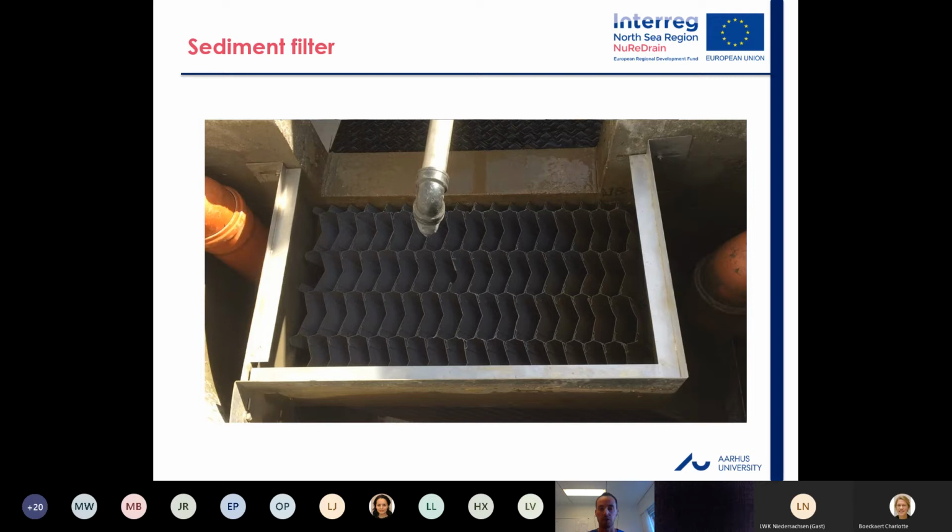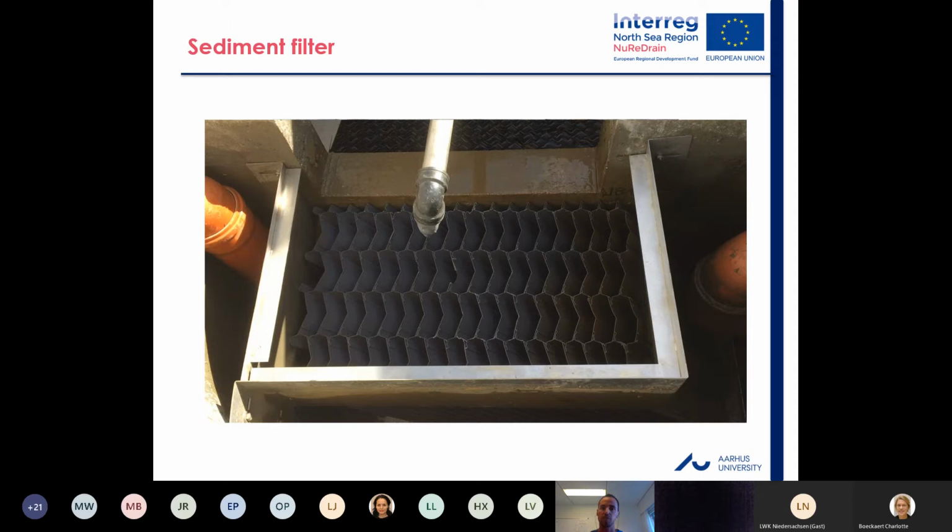It moves first downwards, then upwards to this filter with a bigger mesh, and then it moves to the second chamber, and moves downwards. From the bottom, it then moves upwards to the pipe which leads the water to the following well.